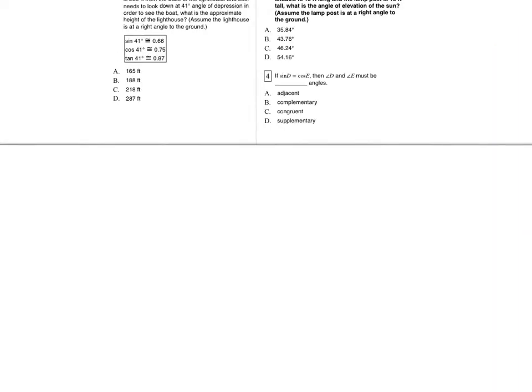All right, next up here, it says sine of d equals cosine of e, then d and e must be what type of angles. Now, the formula that we learn for this is that sine of any angle, I'll call alpha, equals cosine of 90 minus that angle.